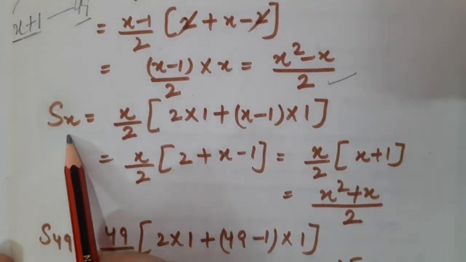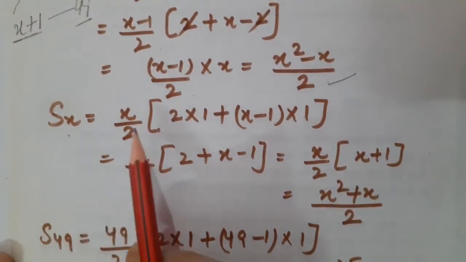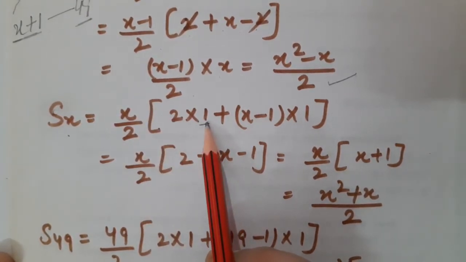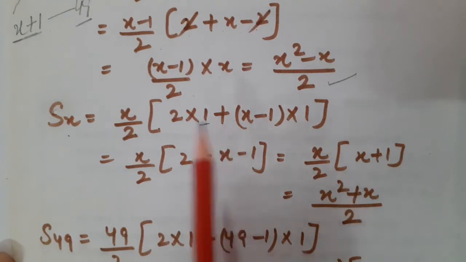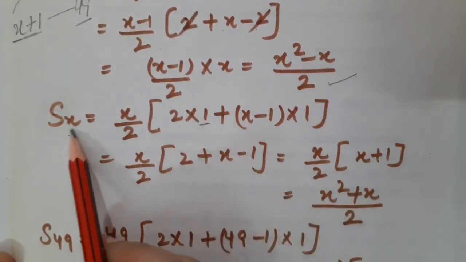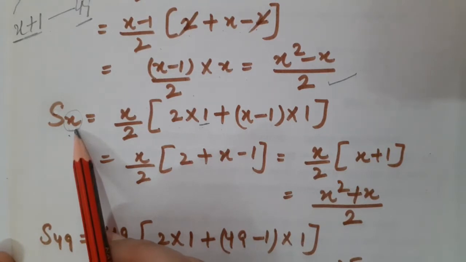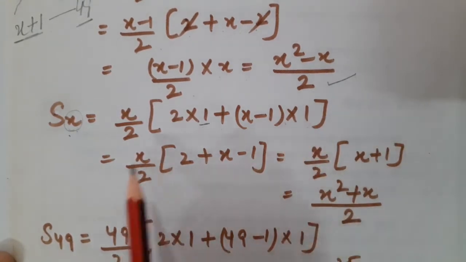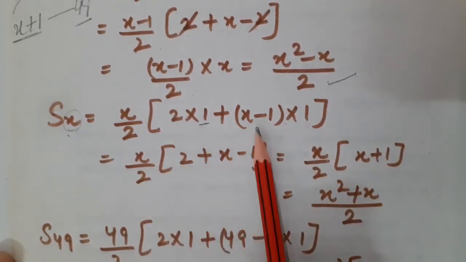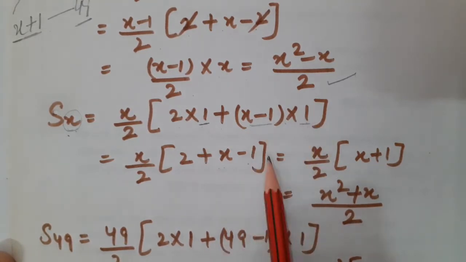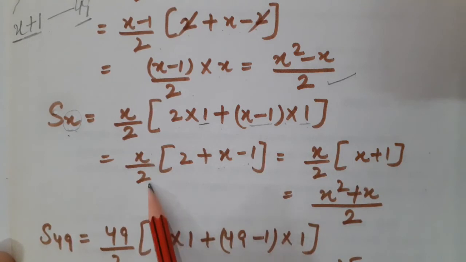Now let us calculate the value of Sx. At place of n, what do I have to insert? That is x. It would be x by 2 into 2a plus n minus 1, where a is 1 and n is going to be replaced by x, into d which is 1. Now 2 ones are 2 plus x minus 1 will give you x plus 1, multiplied by x by 2.